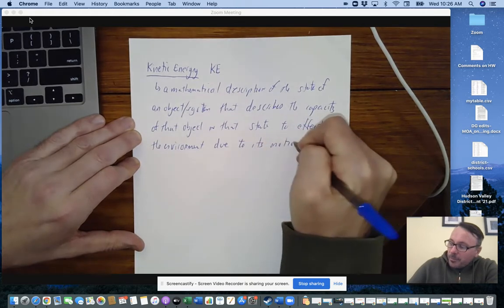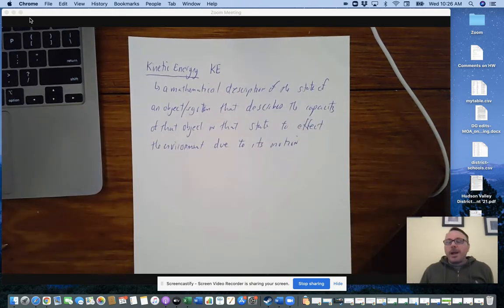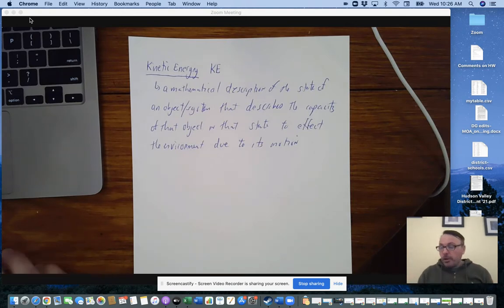Okay, and so because it's moving, if it were to interact with something, it would be able to affect it. And we're going to put a number to that. The bigger that number is, the bigger of an effect it can have. That's the general gist of what kinetic energy is about.